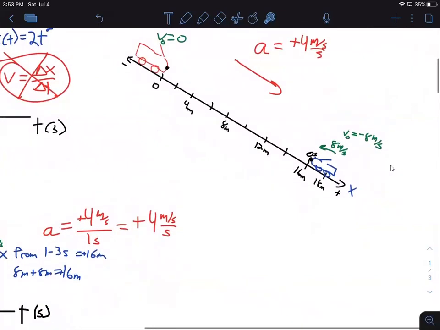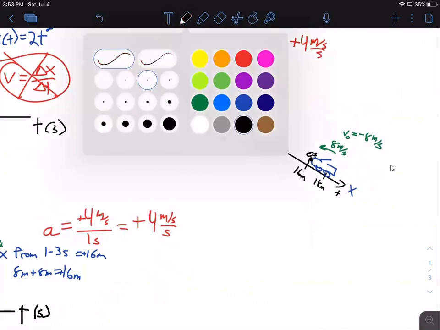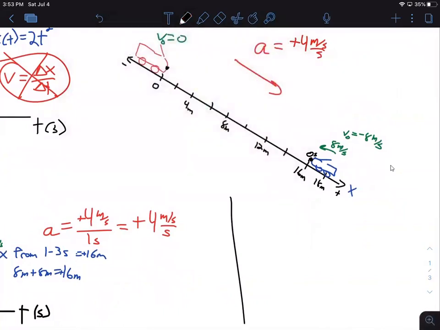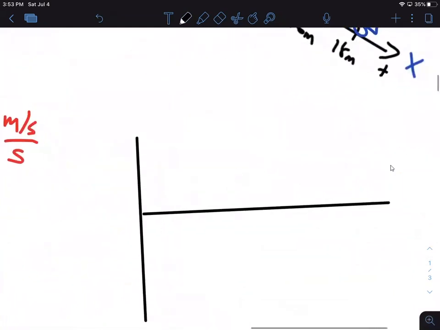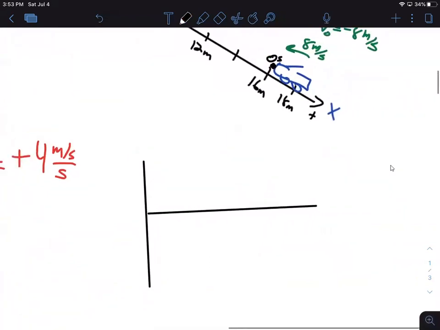All right, so let's make a velocity graph. And here I'm definitely going to need the negative quadrant for this graph, as our buggy here, our car, sorry, is initially moving in the negative direction.